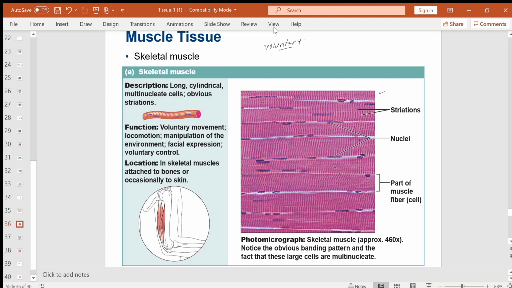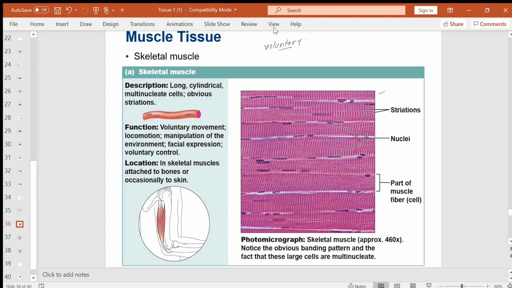And skeletal muscles are attached to the skeleton or bones. You already know about that. And they help to move the bones or body parts at the joints. So skeletal muscle is very important.